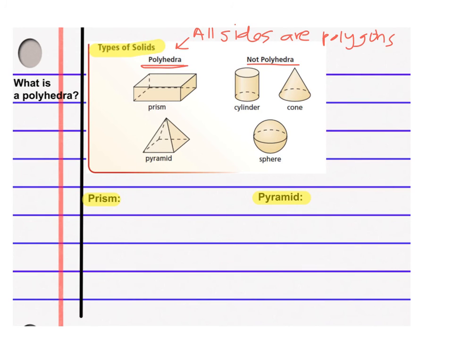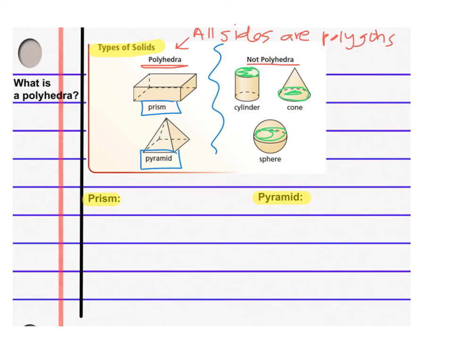The two main types of polyhedrons are prisms and pyramids. We'll talk about specific properties of prisms and pyramids. And just to give you a sense of what is not a polyhedron: a cone, a cylinder, and a sphere, because some of those faces and surfaces are not polygons, they are circular or round.